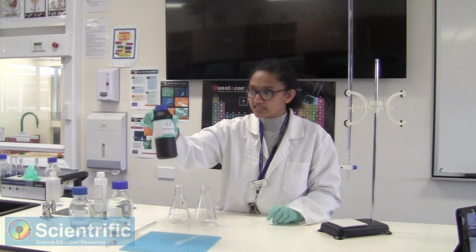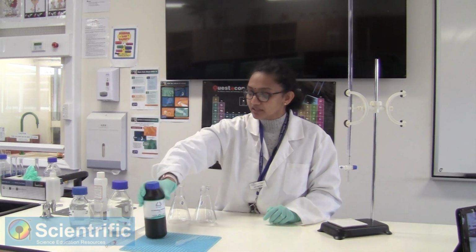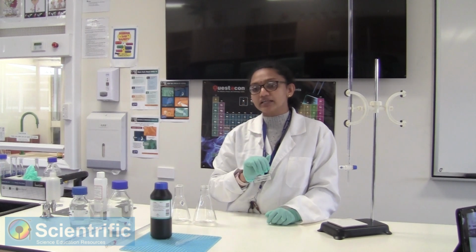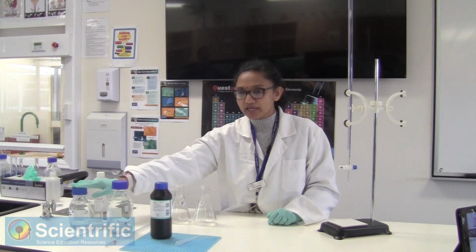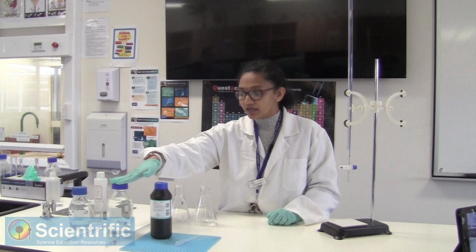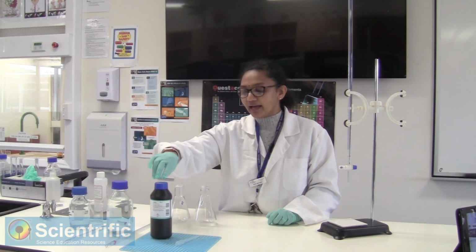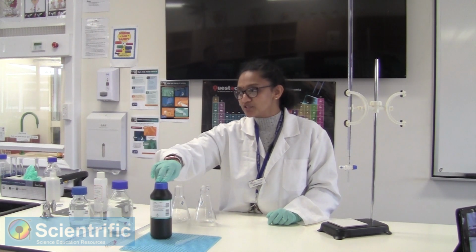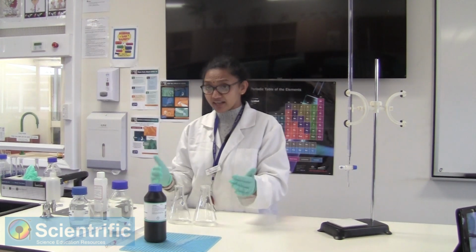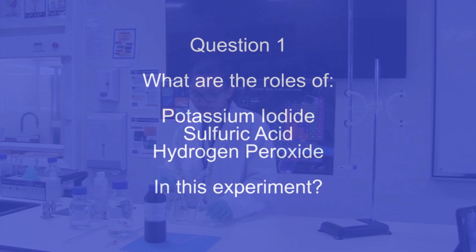We need an oxidizing agent, which is hydrogen peroxide. The method suggests you add 3 ml of the potassium iodide, 3 ml of the acid, and a few drops of peroxide. Why I do those things, I need you to tell me in your report.